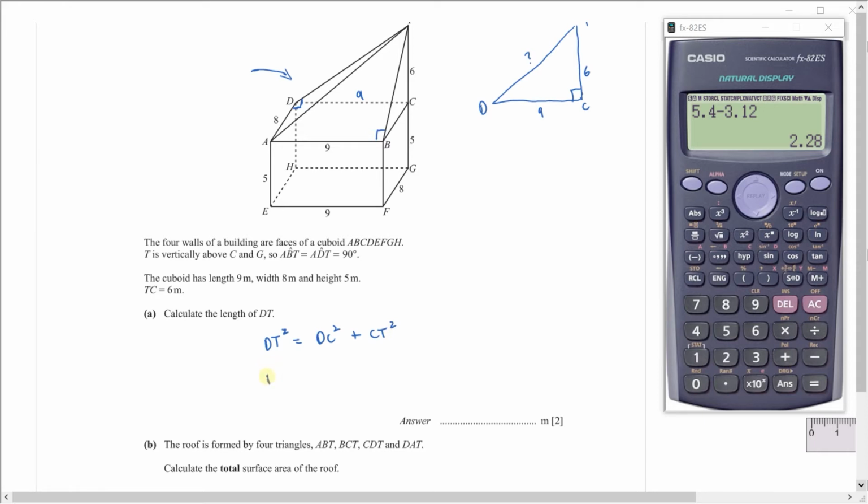So DT is unknown. DC is 9, CT is 6. So 9 squared plus 6 squared and then square root of this. So this is 10.8 up to 3 significant figures. So DT is 10.8 meters.